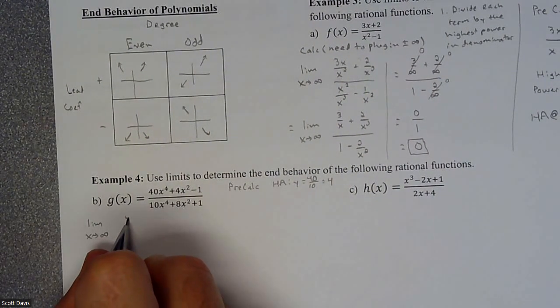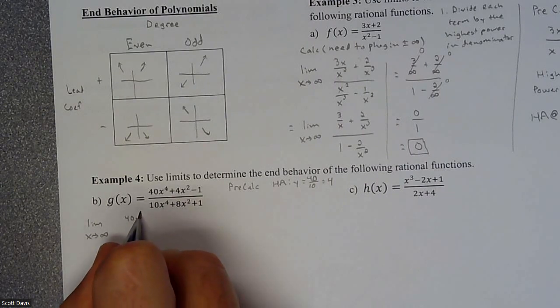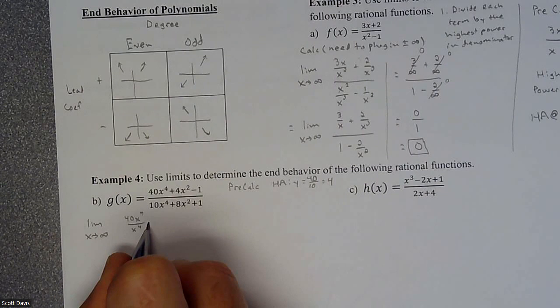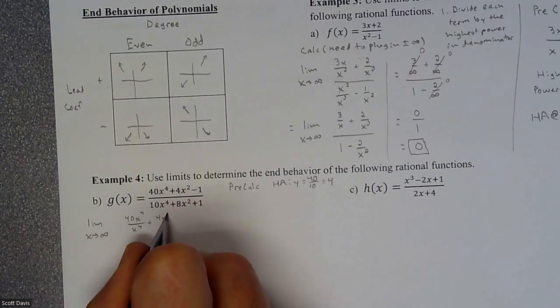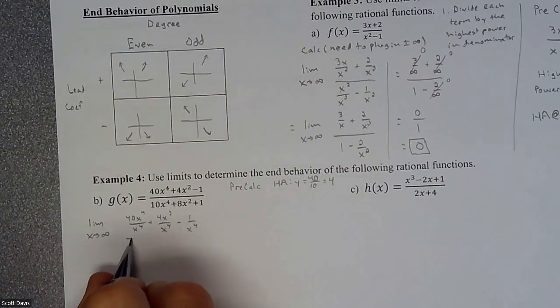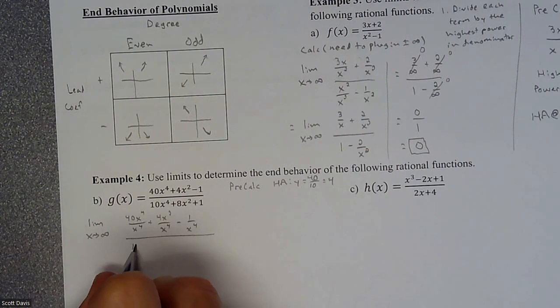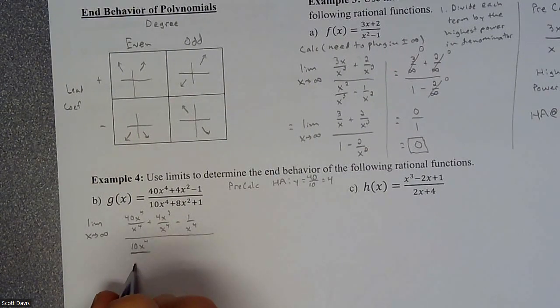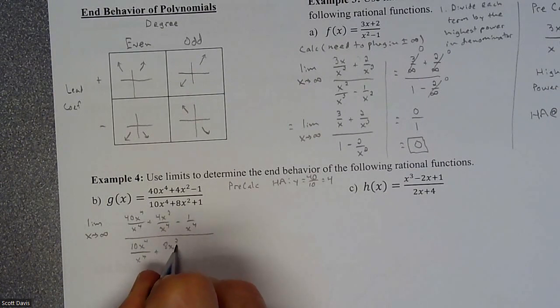So we would take 40 x to the fourth divided by x to the fourth plus 4x squared divided by x to the fourth minus 1 over x to the fourth. And then we would divide it by the same thing on the bottom, x to the fourth plus 8x squared over x to the fourth plus 1 over x to the fourth.